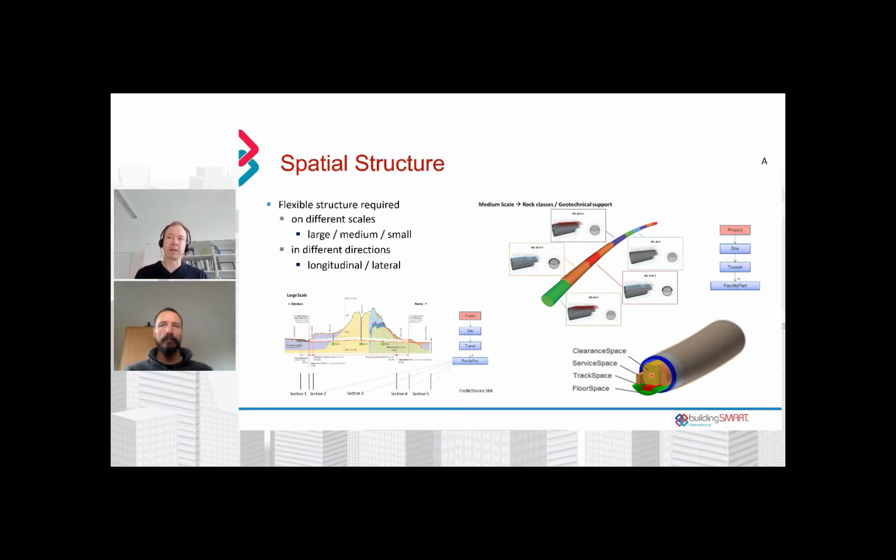And then, in this case, something additional comes into play, because here we have different directions of structuring the tunnel. The one direction would be longitudinal, and the other direction is lateral, both of which have to be possible, and it must be possible to combine both directions. And this is what we have done.